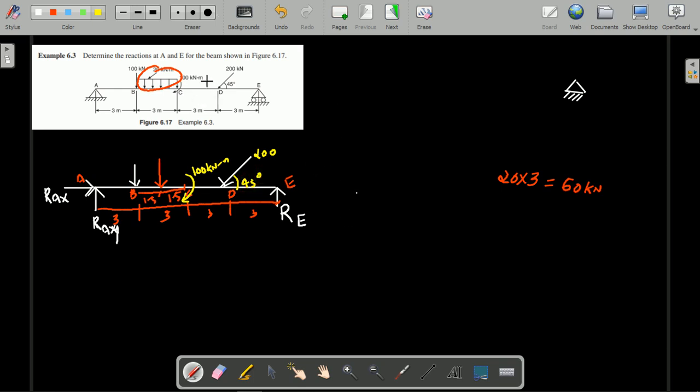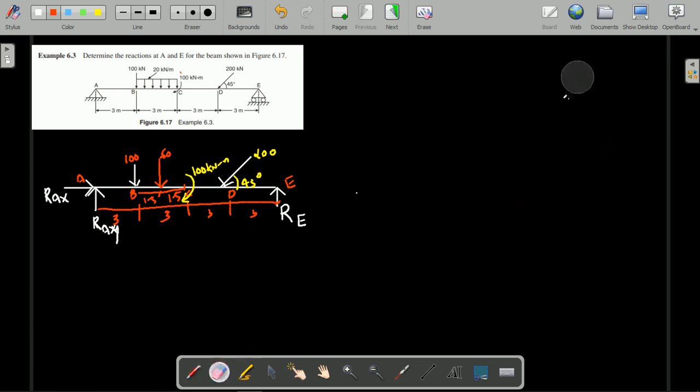So now what we have done, we have written the free body diagram of the given beam by writing the support reactions as well as the forces which are acting on the beam. Just I will write the magnitudes. This is 100, and this is converted UDL into the point load, that is 60 kilonewton. Then the moment is there, and 200 is the inclined force which is acting. So now this is the free body diagram which is ready.